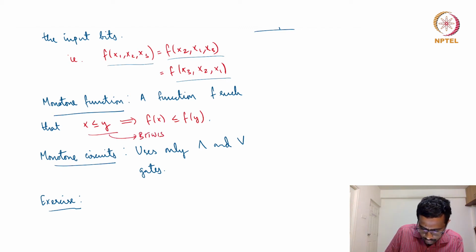Looking at it bit by bit, x should be less than or equal to y, so there should not be a position k where x is 1 and y is 0. Everything else is okay: x could be 0, y could be 0; x could be 1, y could be 1; and x could be 0, y could be 1. But x less than or equal to y means there cannot be any bit position where x is 1 and y is 0. So if x is less than or equal to y, then f(x) is less than or equal to f(y).